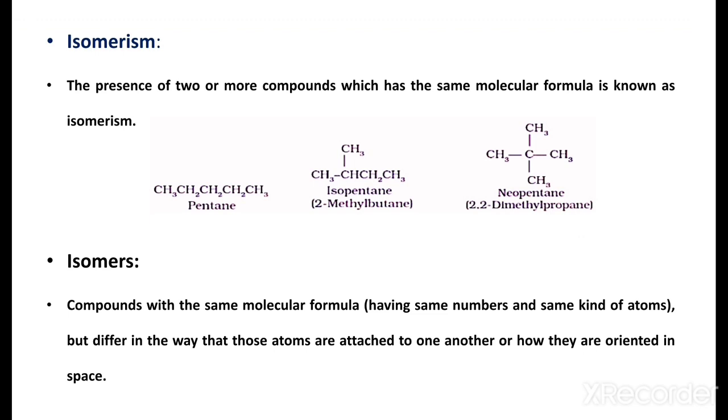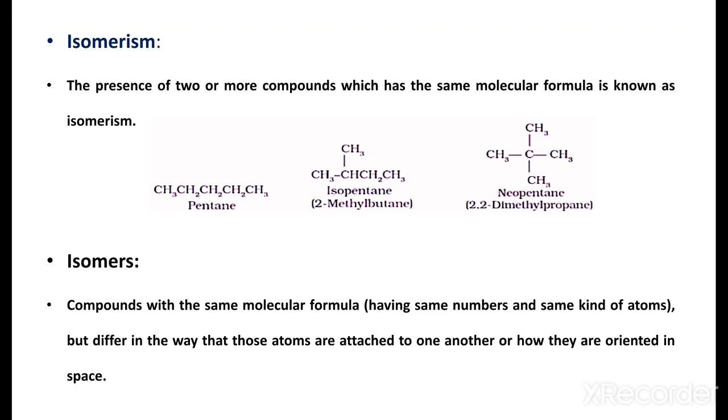All the carbons are arranged in a linear fashion. Now in the second and the third figure you can easily identify the branching. So the chemical formula is the same here but the arrangement of atoms or groups of atoms is different. So this is known as isomers and isomerism.